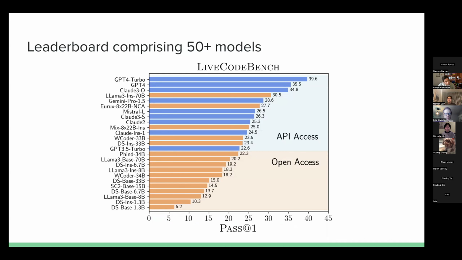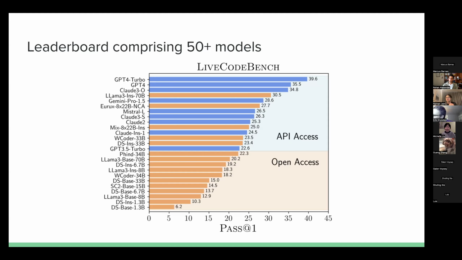Then we recently updated the benchmark in early June. Back in March, the story was a bit more grim because you did not have Llama 3 70B, you did not have Mixtral 8x22B, and all the open source models were trailing considerably behind the closed source models.